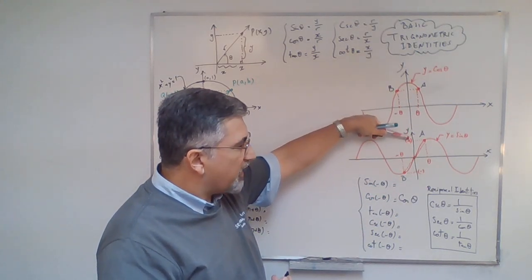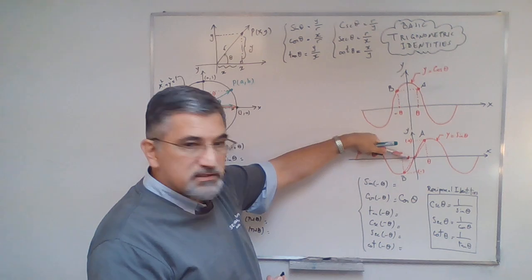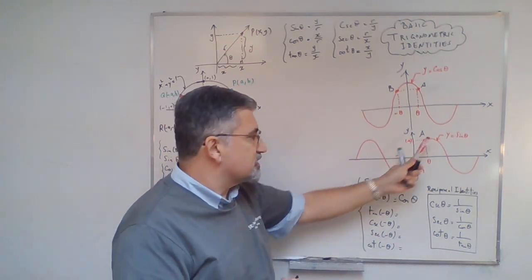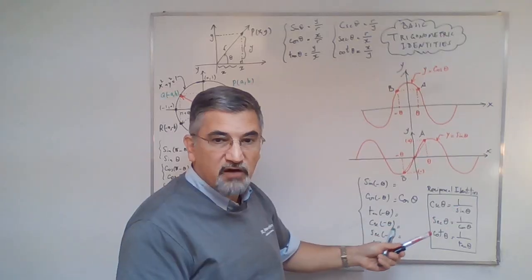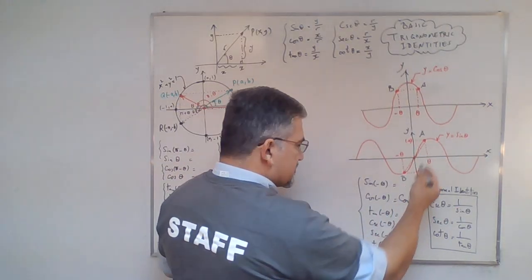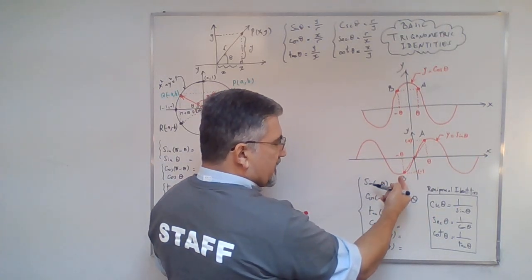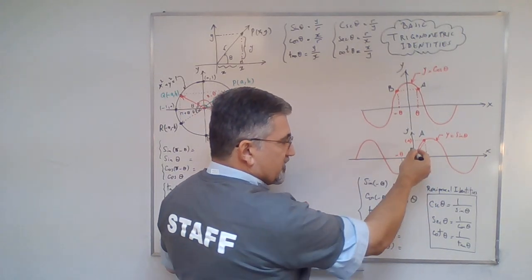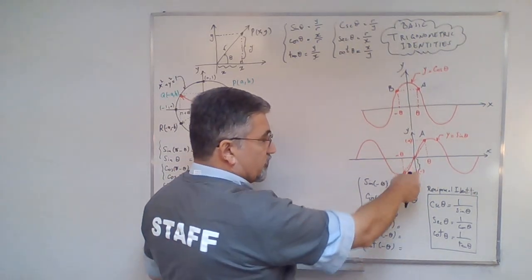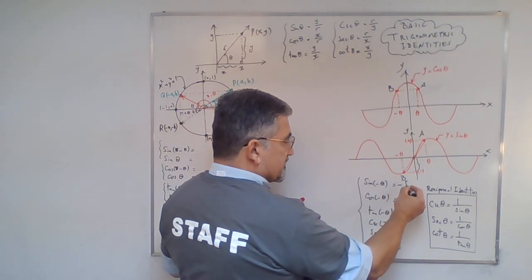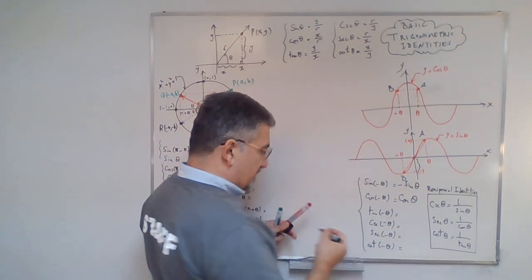So basically, the y coordinate of point A is negative the y coordinate of point B. And when I say y coordinate, it means the sine value of the angle, obviously. So this means that sine of negative theta, which represents actually this negative y value, is equal to negative sine of theta itself.